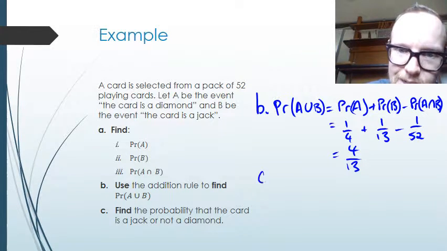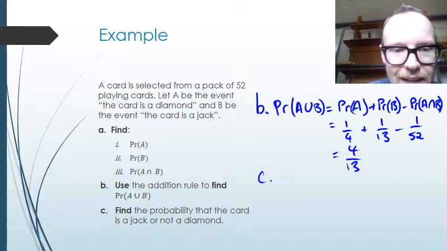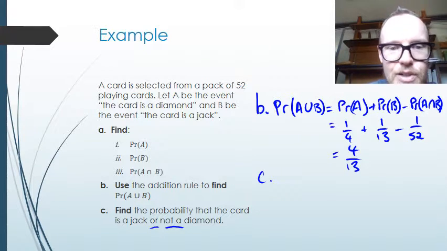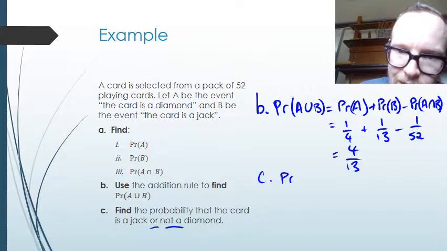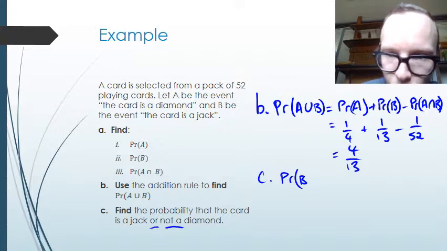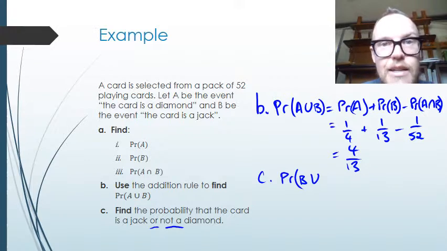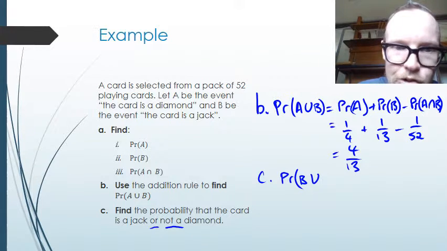Let's have a look at part C. We're asked now to find the probability that the card is a jack or not a diamond. The card is a jack is the probability of B occurring, and or means we're looking for the union of both.